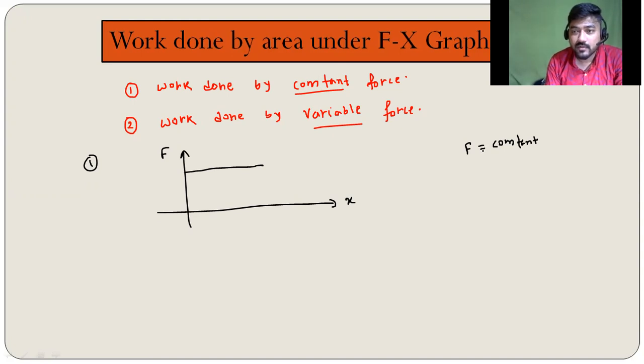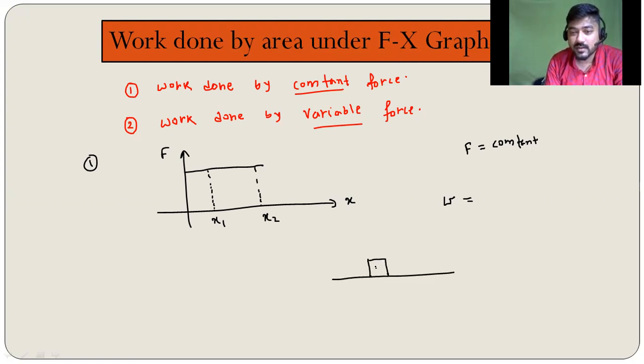Now let me suppose that the object is moving from point x1 to x2 under this applied force F, which is constant. Okay. So what will be the work done? According to the definition, work done is force into displacement, and here force is acting along the displacement. Suppose here is an object.